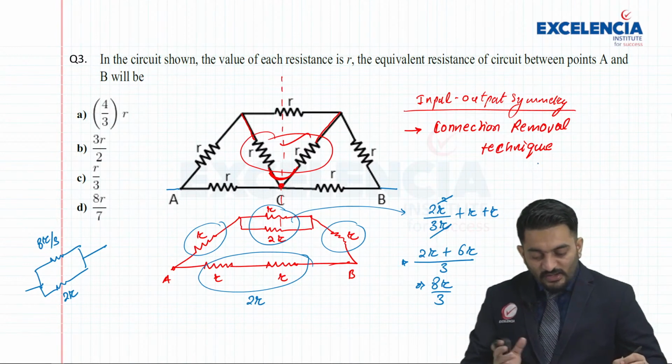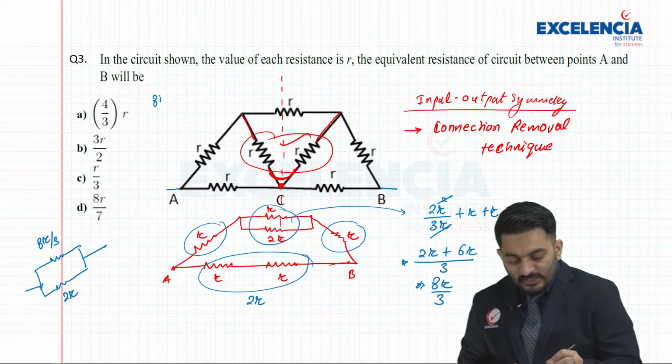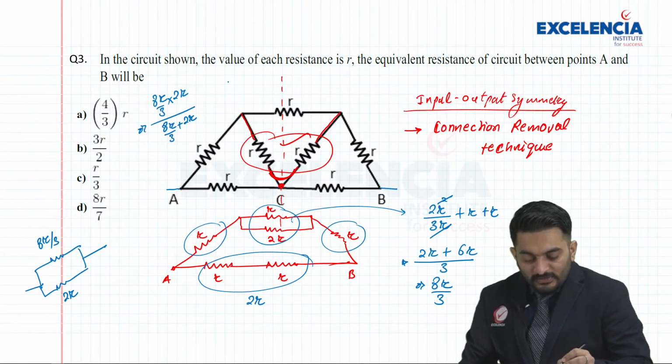So I will show you over here how you can solve. You can simply say the product of the two, which is 8R by 3 multiplied by 2R, divided by 8R by 3 plus 2R. Now if we solve this particular part, it will be 16R square by 3 divided by, this 3 as it is, this will be 6, so 14R by 3.